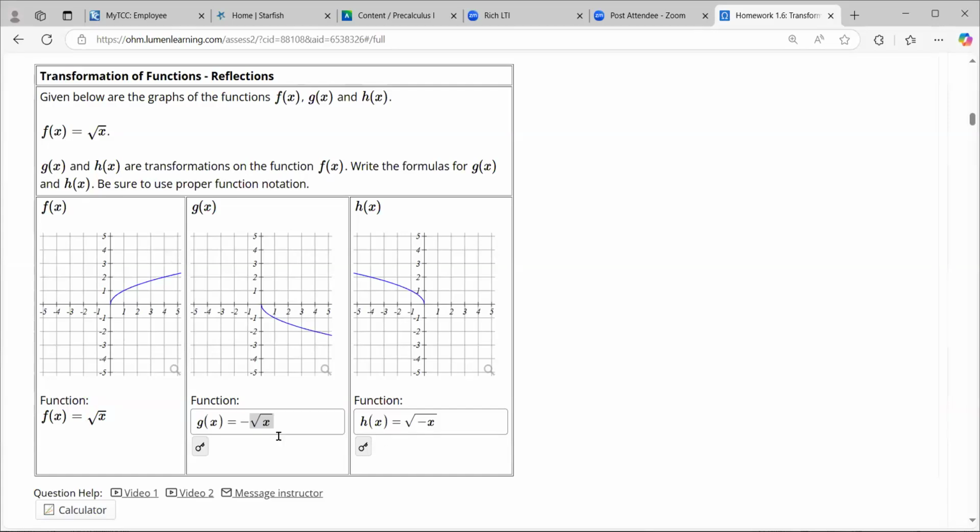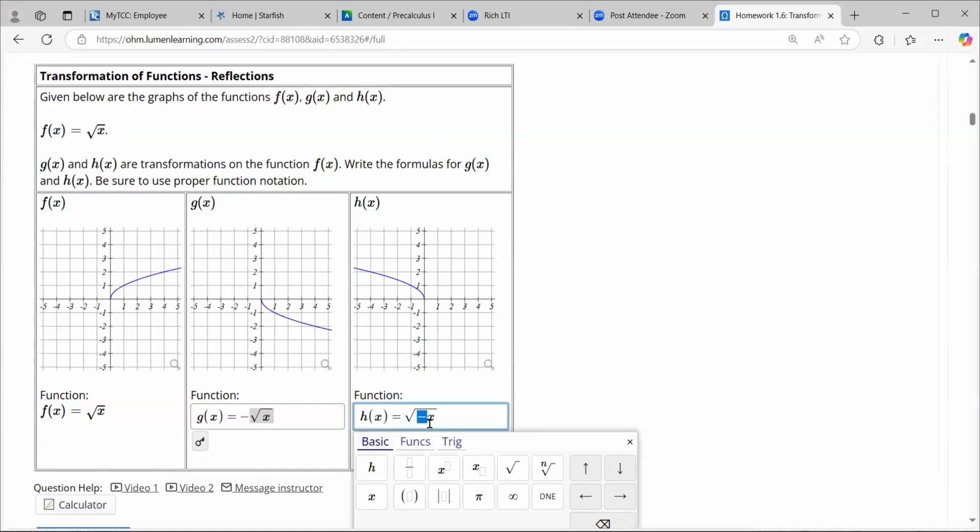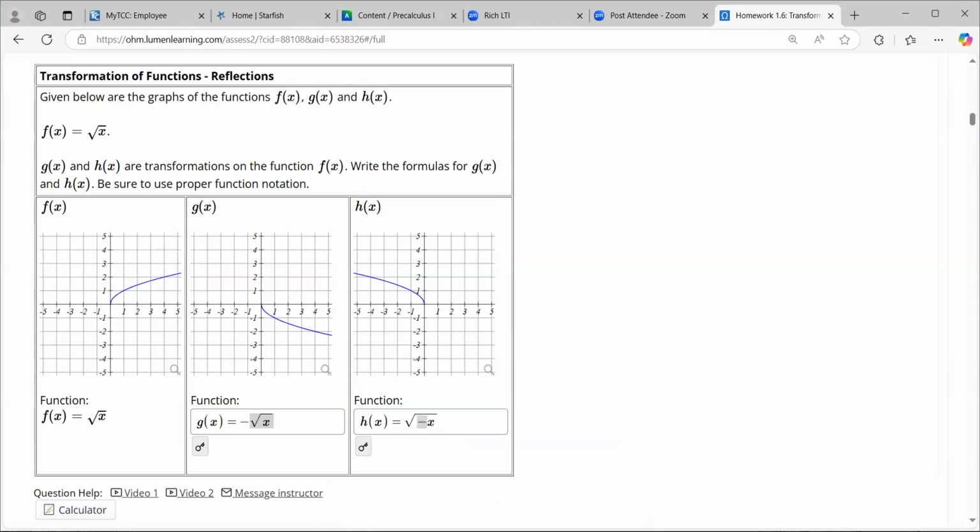So let me summarize. When you multiply the output of the function by -1, you get the reflection of the original function with respect to the horizontal axis. When you multiply the input by -1, you have the reflection of the original graph with respect to the vertical axis.